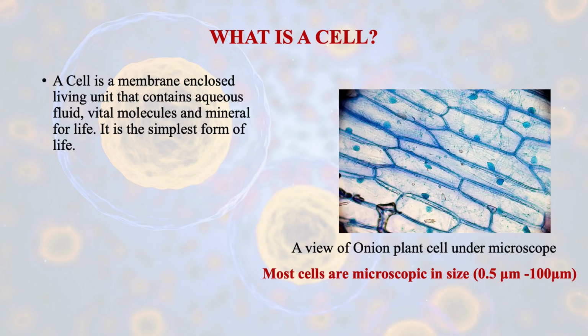A cell is a membrane-enclosed living unit that contains aqueous fluid, vital molecules and minerals which are essential for life activities. It is the simplest form of life. It means a cell is the structural and functional unit of life, and cells provide the structure to all living organisms, whether unicellular or multicellular.